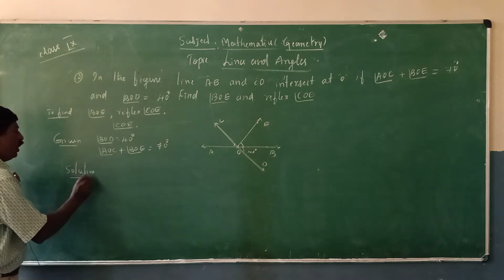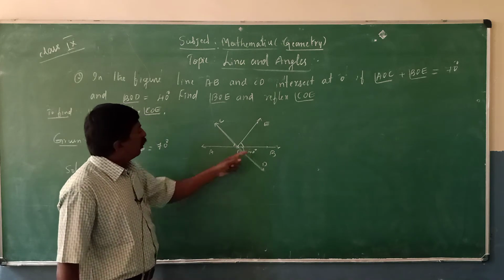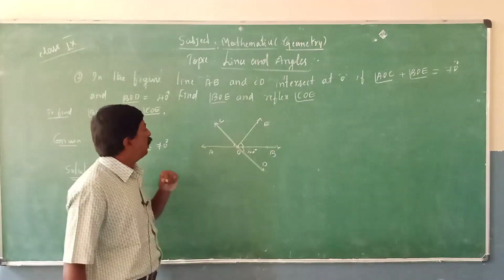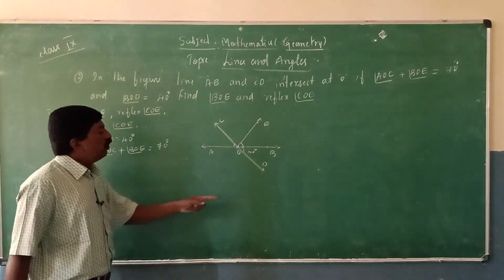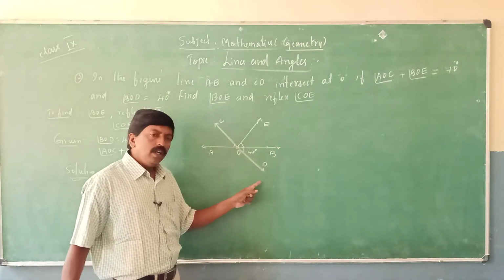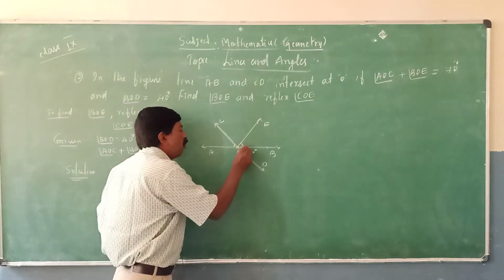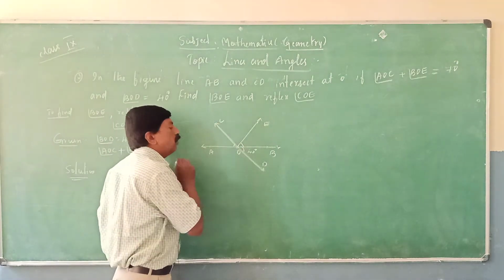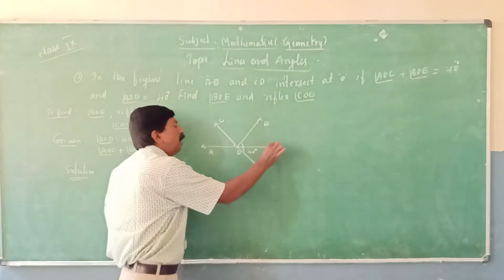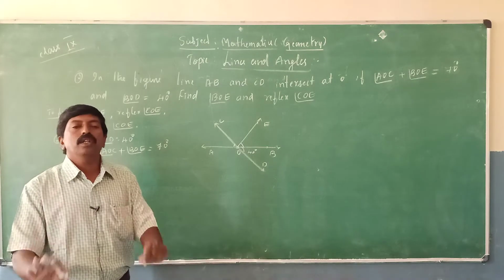What we have to find? You have to find BOE. Observe here, directly it is not possible to find BOE. So with the help of BOD, very easily we can say that AOC, BOD must be equal to AOC, because AB and CD are two straight lines intersecting each other.